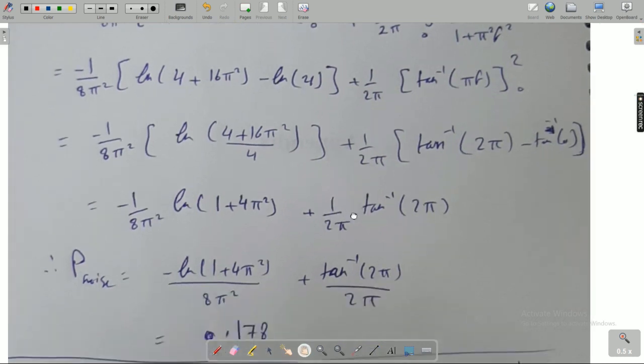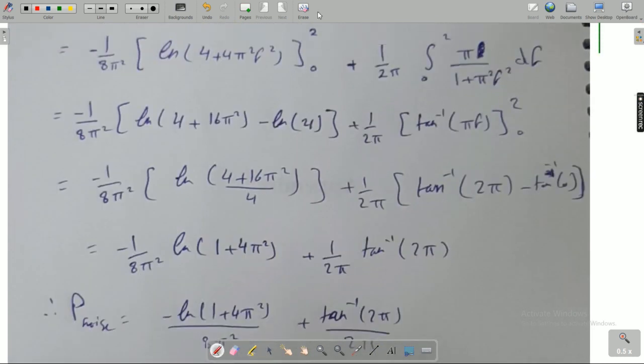What will be done now is a substitution by the 2 bounds here, by 2. 4 plus 4 pi square f square, where 2 square is 4, so it becomes 16 pi square, minus substitution with 0: minus ln 4 plus 0. This is the first one. The second one is tan inverse 2 pi minus tan inverse 0.